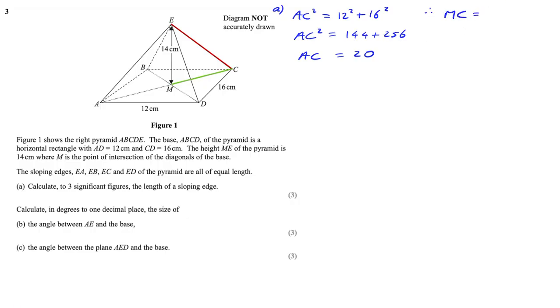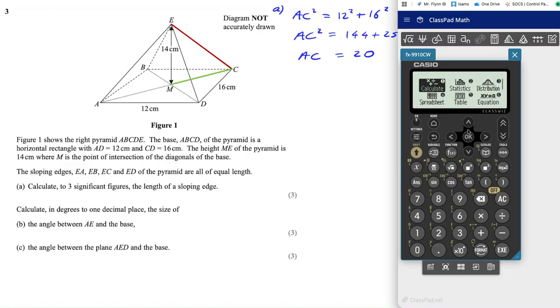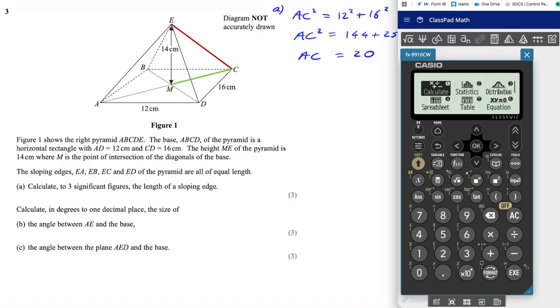So AC is 20, which means MC is equal to half of that, which is 10. And then I want the sloping edge, which is, let's call it EC. So I have EC squared equals 10 squared plus 14 squared. EC is the square root of 10 squared plus 14 squared.